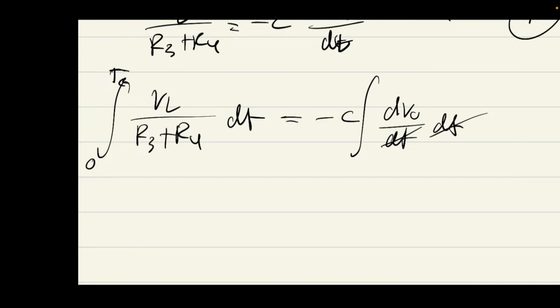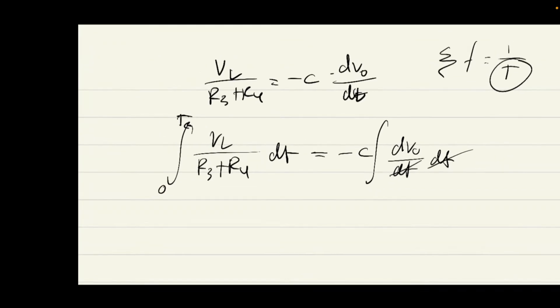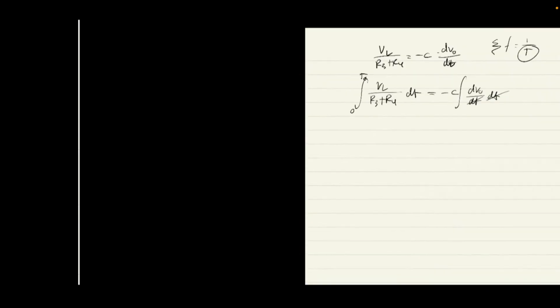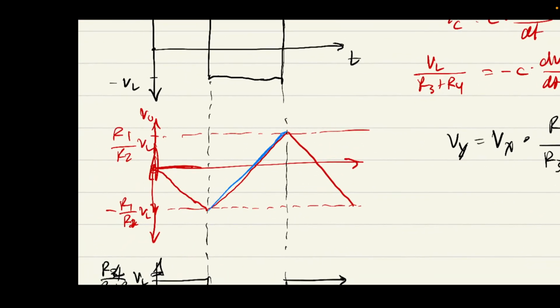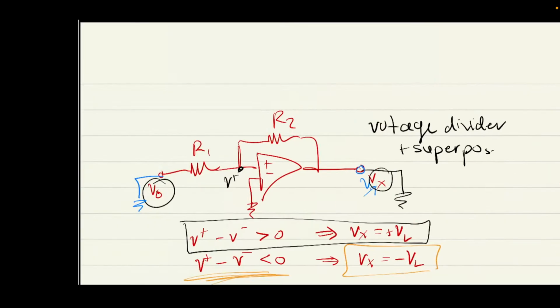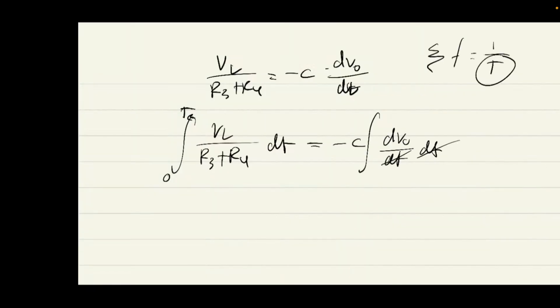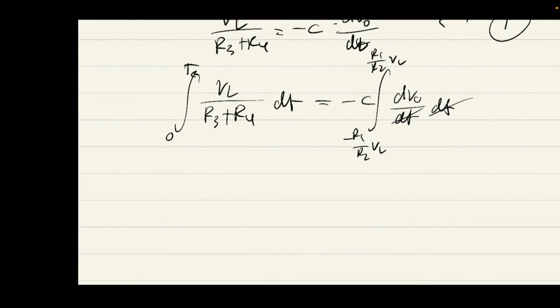We're going to integrate from this voltage to this voltage, so from negative R1 on R2 VL to positive R1 on R2 VL. Now remember, this is all just a constant, so this integral evaluates to VL on R3 plus R4 times Tc, the time to charge.